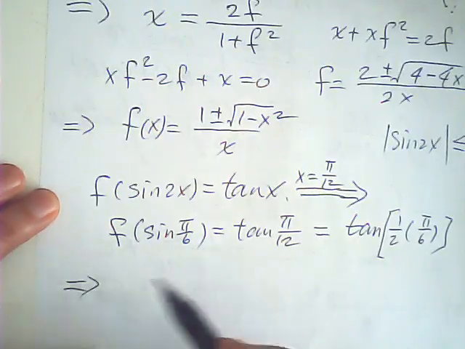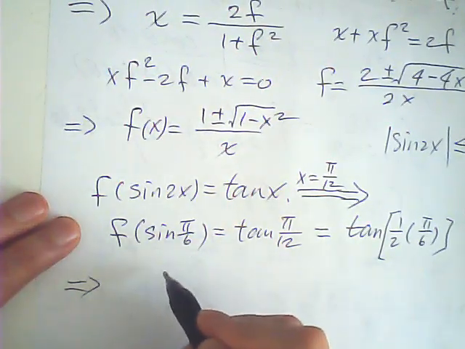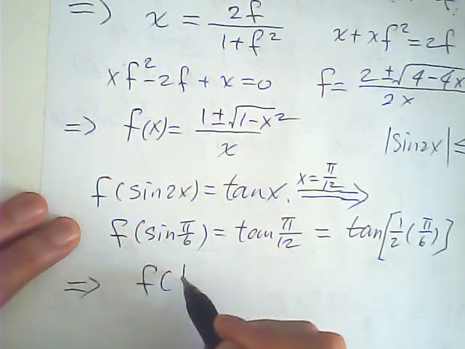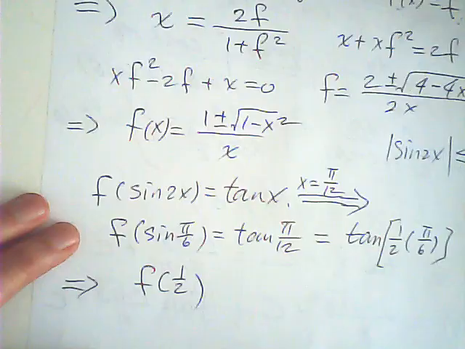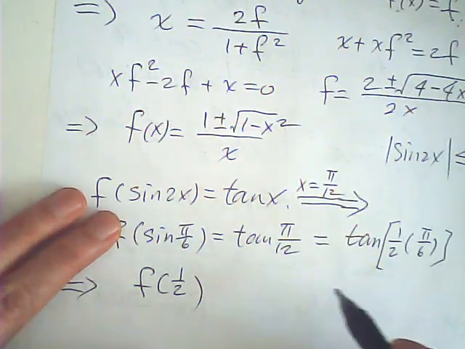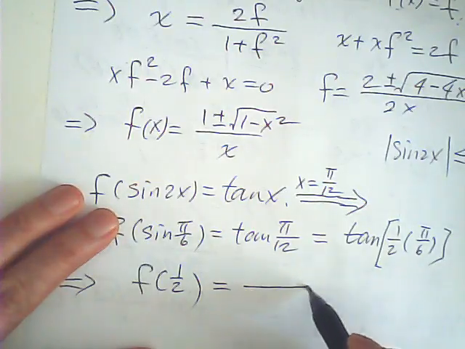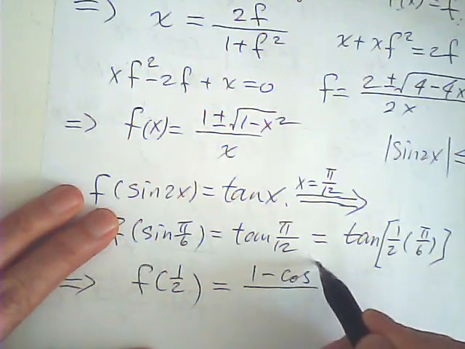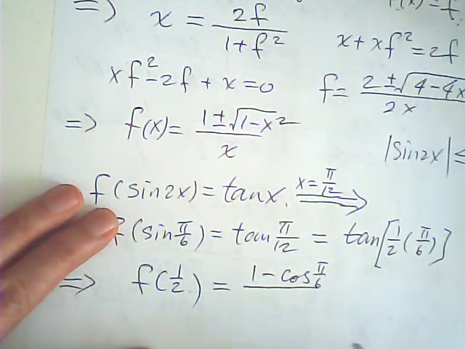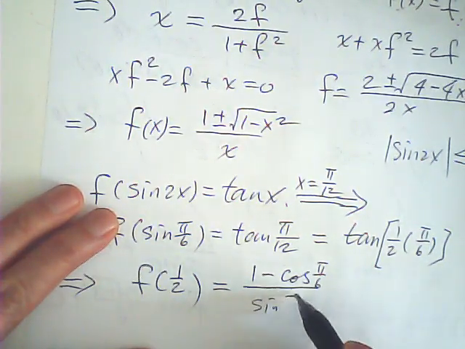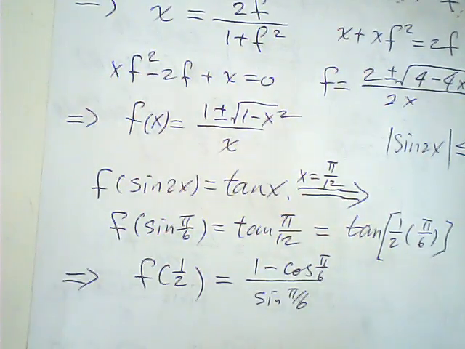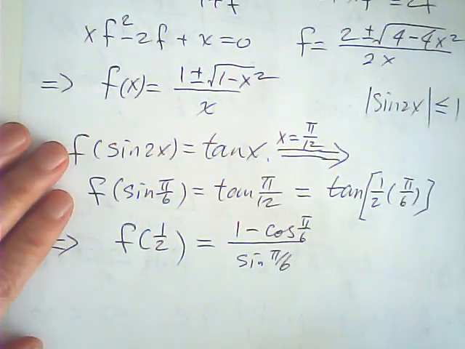Now then, this side is equal to what? This side is f of 1/2, right? And that side, we use the formula of 1 minus cosine pi over 6 over sine pi over 6, right?